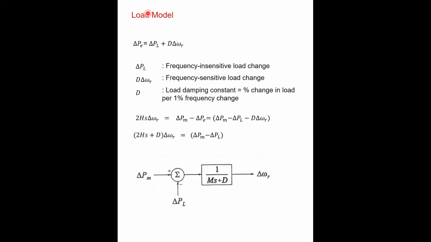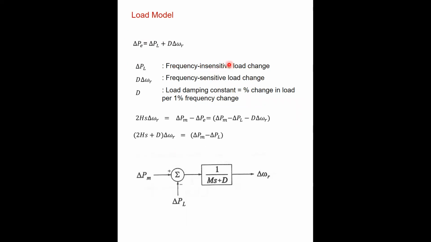Then in terms of the load model, this is the electrical power, and here the load is considered to be a composite of two types of load. One, this term which you have, is frequency insensitive load. It could be non-dynamic load, like a lighting load.